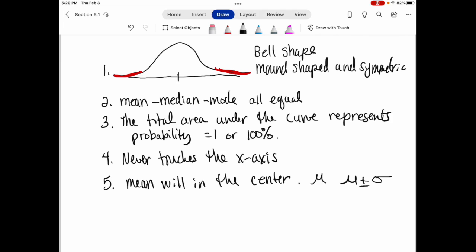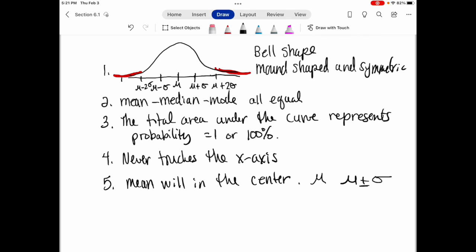So here's the mean, and as you come out this way, this value here will be the mean plus your standard deviation. If you come out again another standard deviation, this will be the mean plus 2 standard deviations. And then if you come out in this direction, you'll be subtracting your standard deviations.